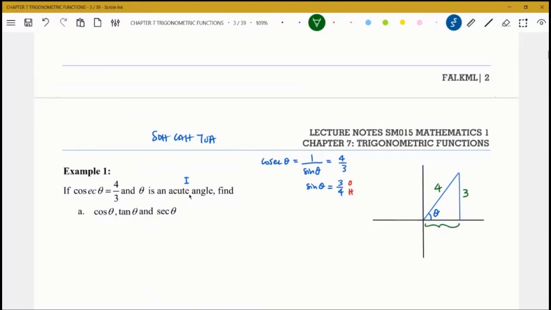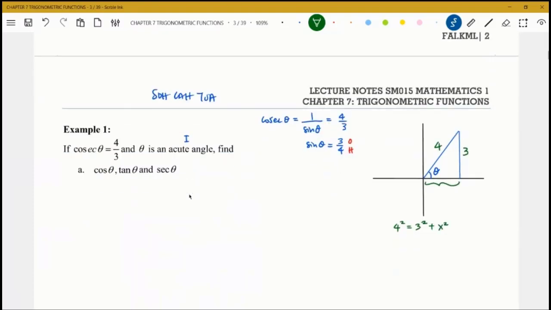Okay, so untuk dapatkan this side, we have to use Pythagoras theorem where we have 4 square equal to 3 square plus x square. So x square adalah yang ini. We can have x square equal to 16 minus 9, which is 7.